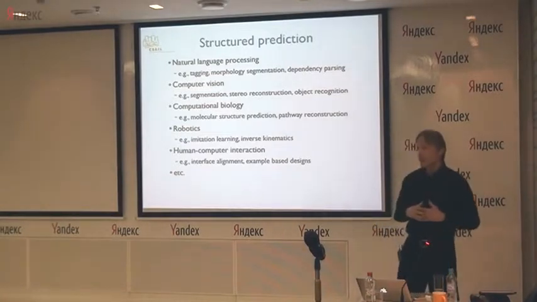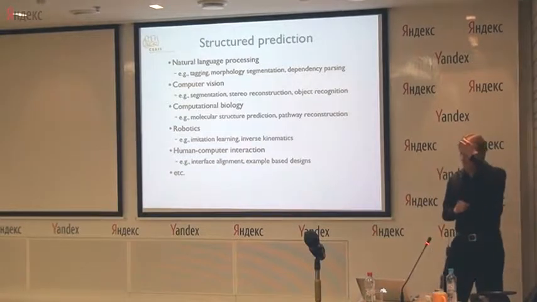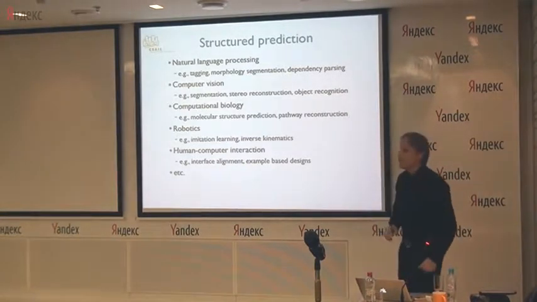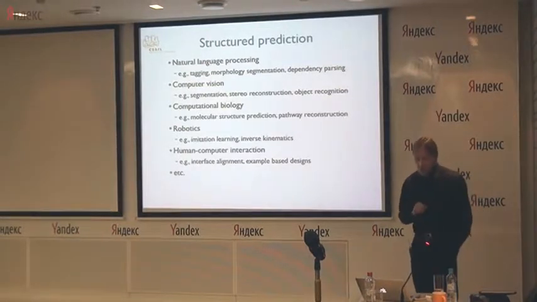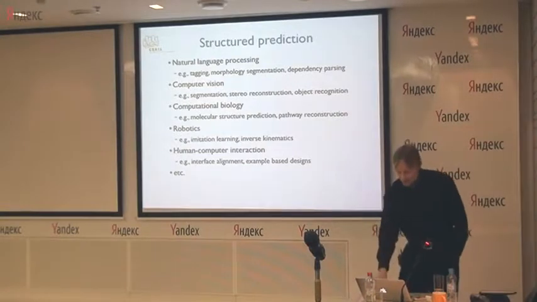So this has really surged in popularity in machine learning over the past decade or so. So let me take a couple of examples just to highlight exactly what we are doing in this context.